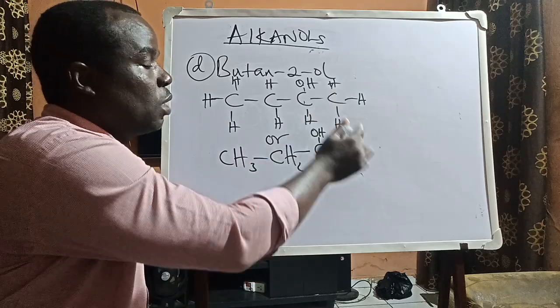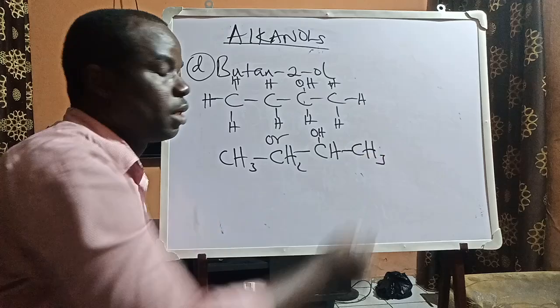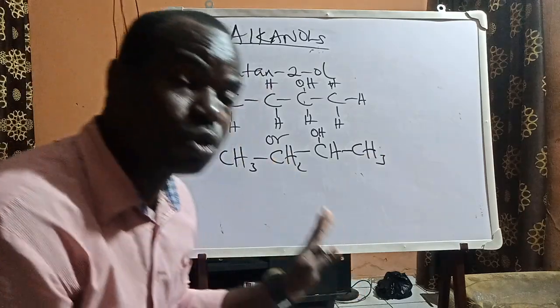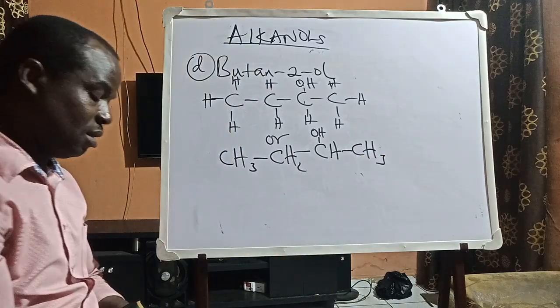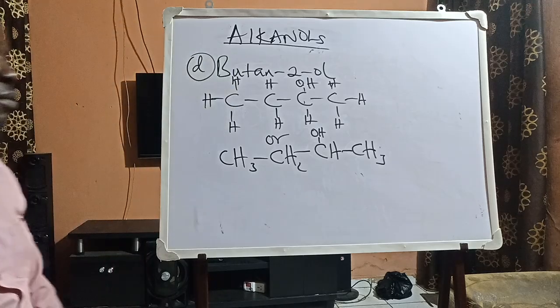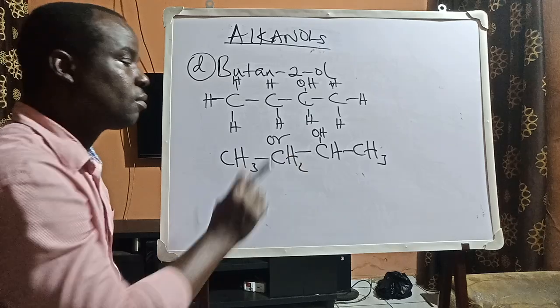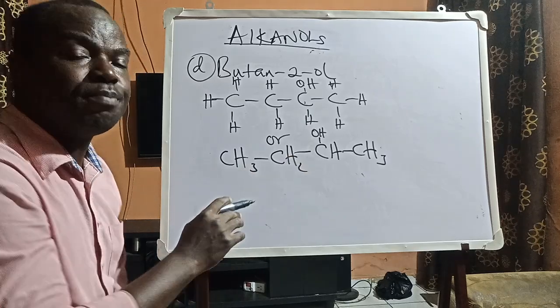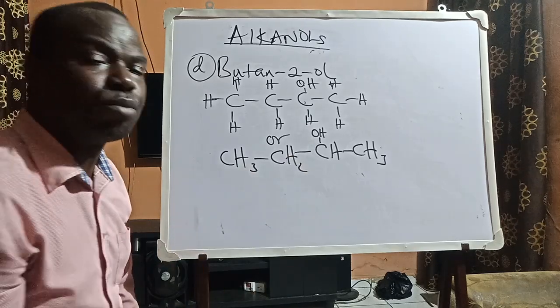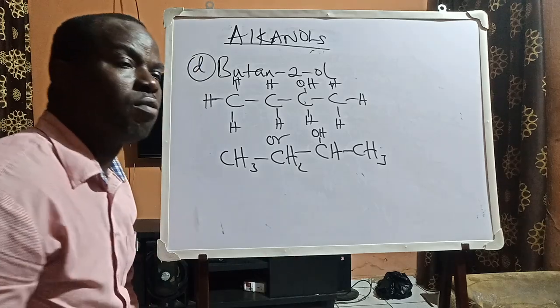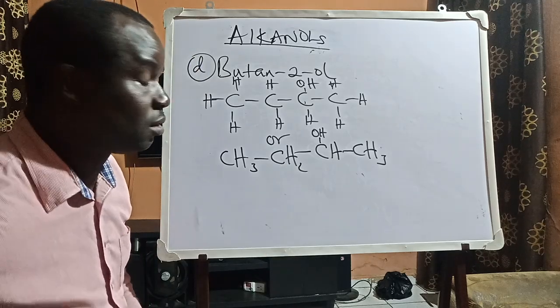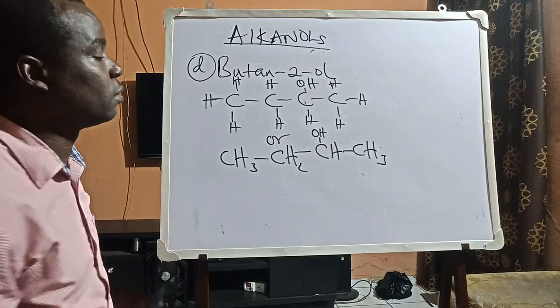Okay, now we have the last one, CH3. This is an extension of what we discussed in the last class. All right. So now, let me give you another example before we extend the work.